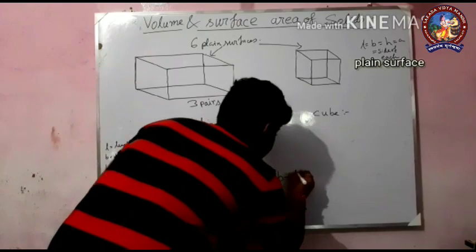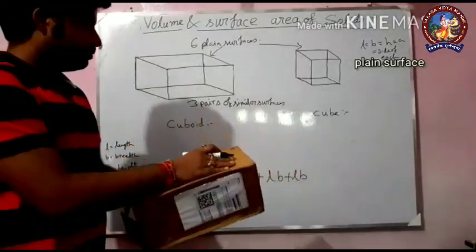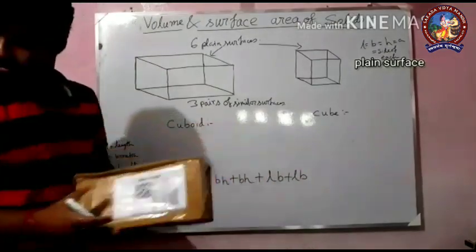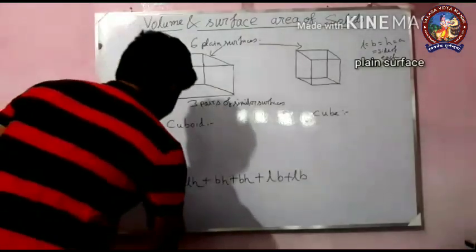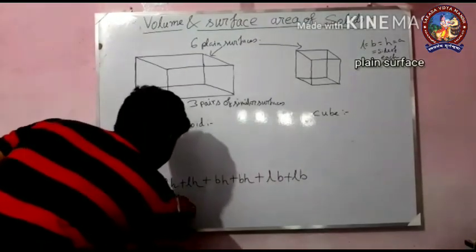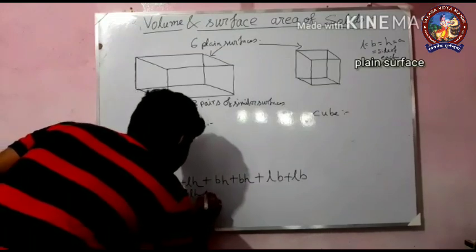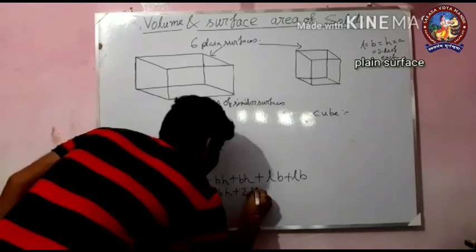So there will be exactly 2LB, because this is the upper surface and this is the lower surface. Now if we calculate this, we can get 2LH plus 2BH plus 2LB.